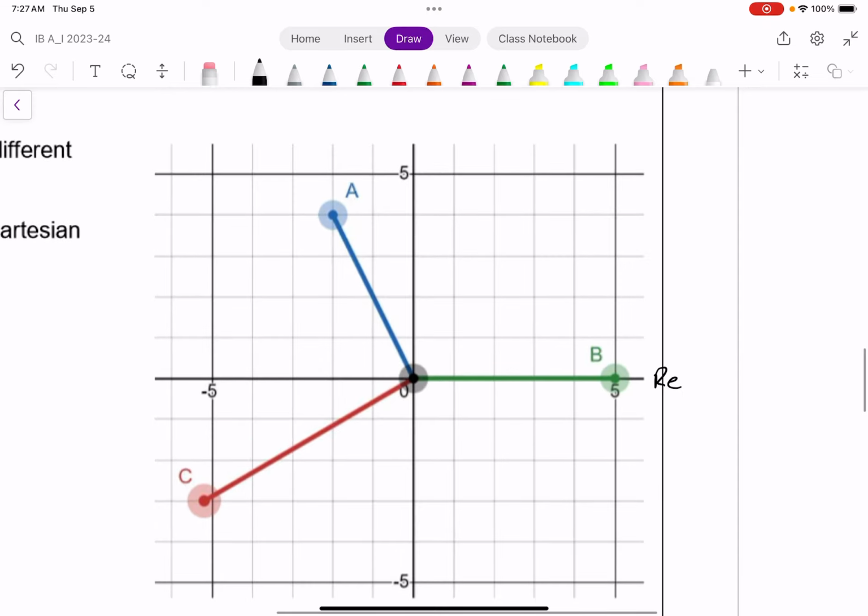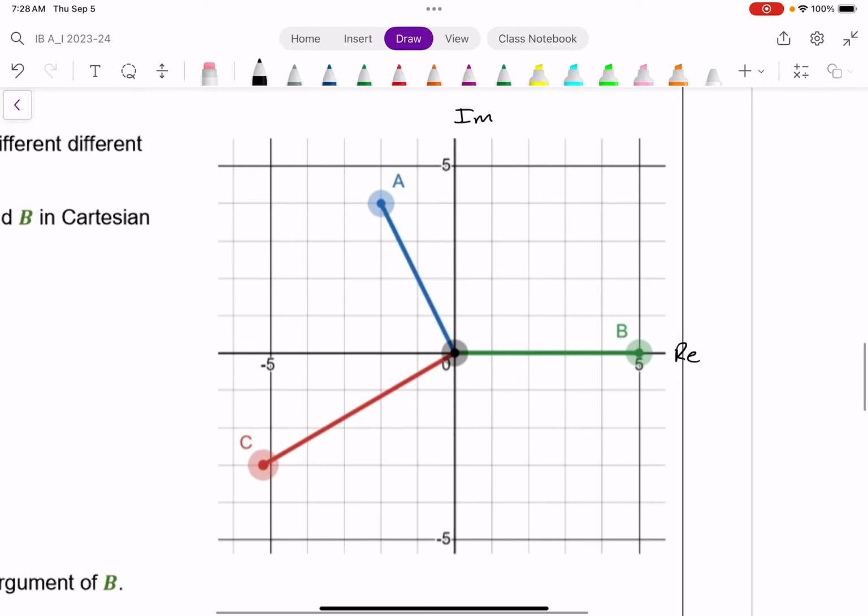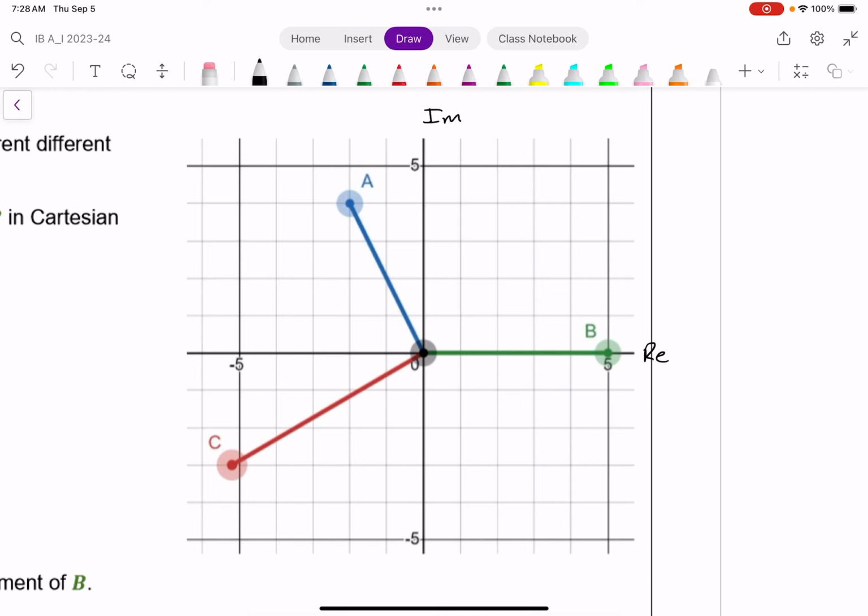And the y-axis represents the imaginary part, because recall, a complex number has both a real part and an imaginary part. So, for example, if I look at A, it says here A represents, on the Argand diagram, a complex number. And the coordinates of A, if we just look on the plane here, are negative 2, 4.